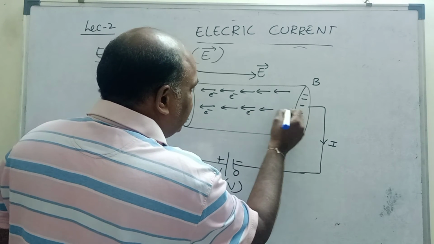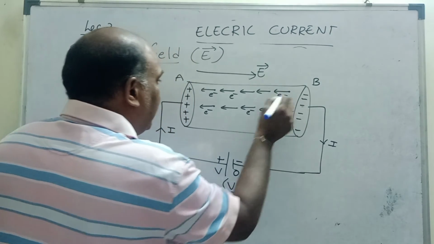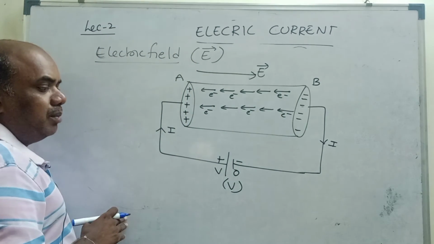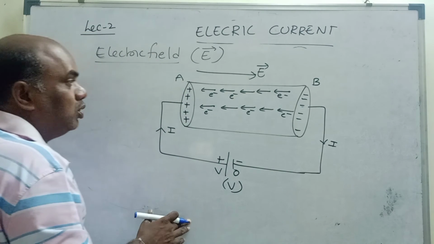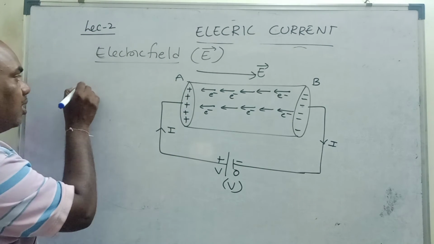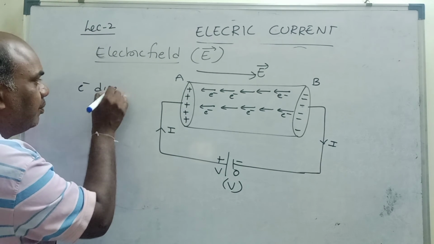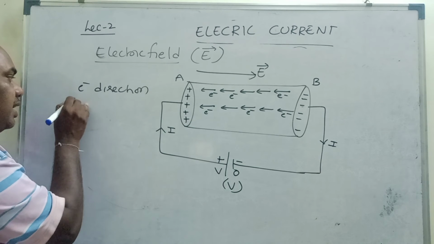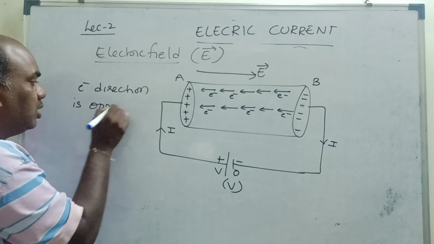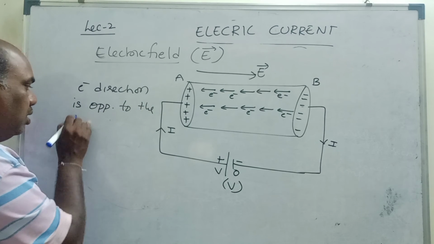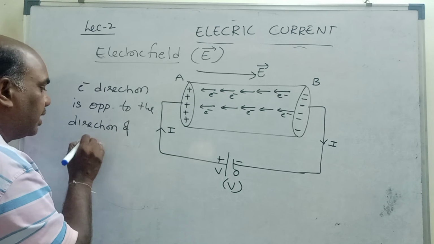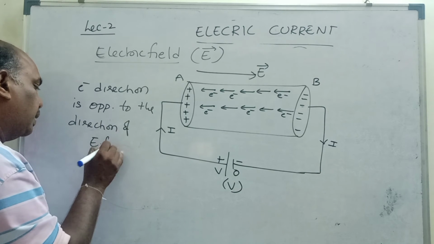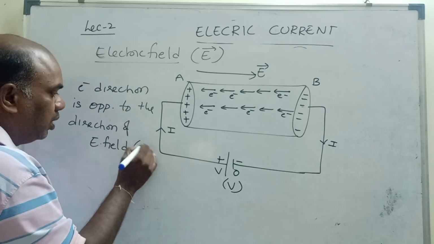Try to understand, children, important concept. Electrons move towards the battery positive terminal. Electric field is from battery positive terminal to negative terminal. That means electron direction is important. Electron direction is always opposite to the direction of electric field E bar.